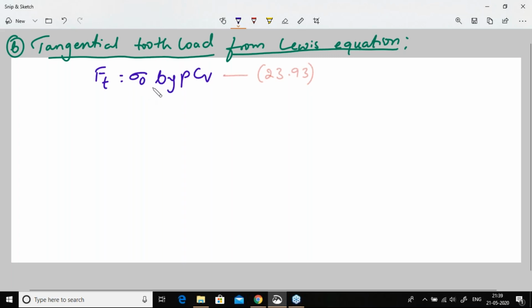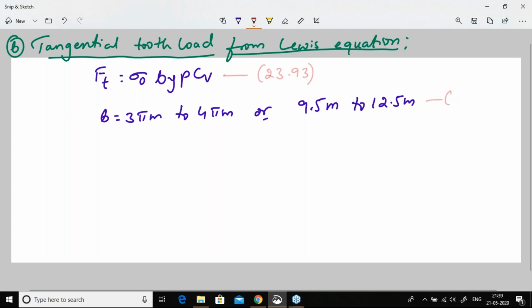B is the face width, which can be taken as 3 pi m to 4 pi m, or 9.5 m to 12.5 m, equation number 23.132.